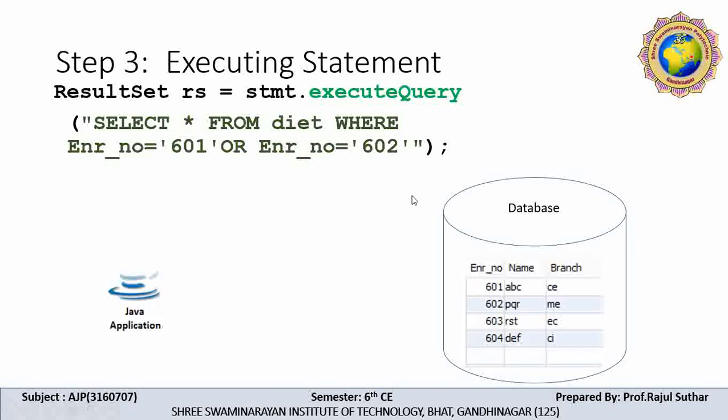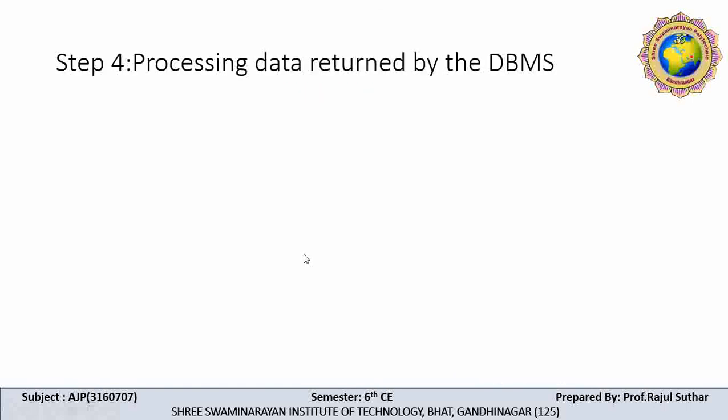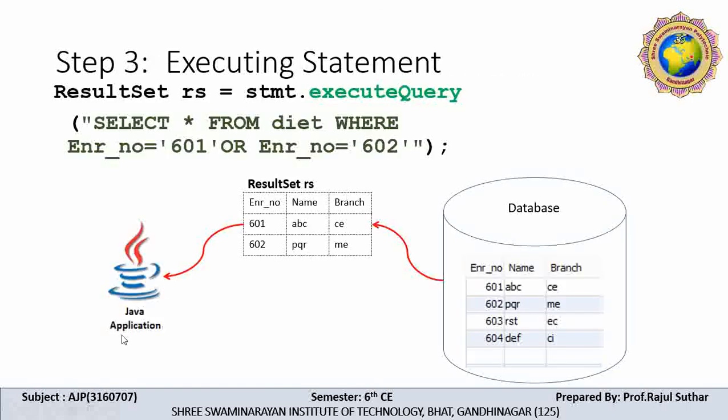So this is the table in the database where your table is stored, and by using the result set we retrieve two rows, 601 as well as 602. The enrollment numbers and names of those rows are ABC and PQR, and the branches are CE and ME. So the result will be displayed in the Java application.